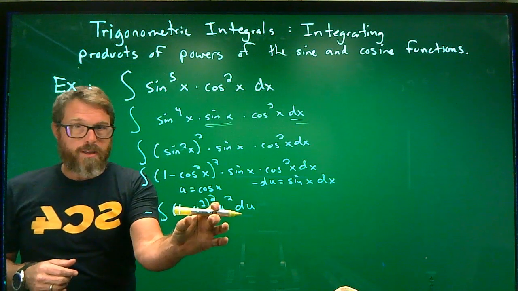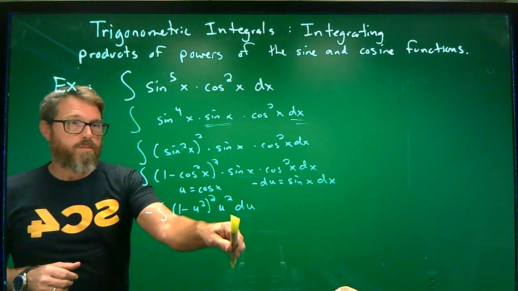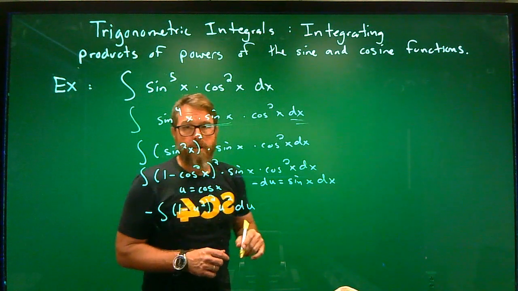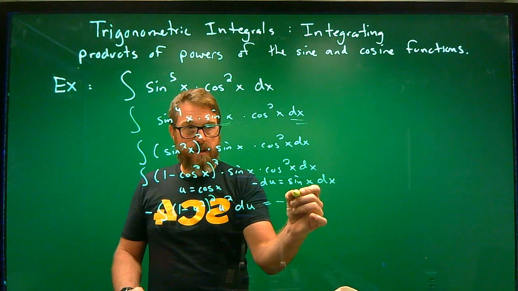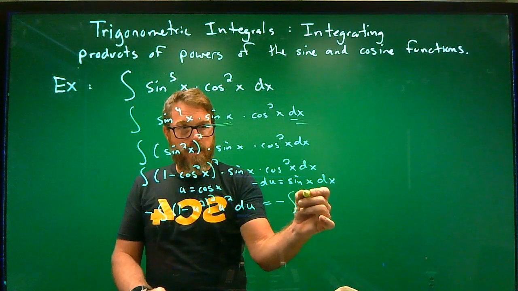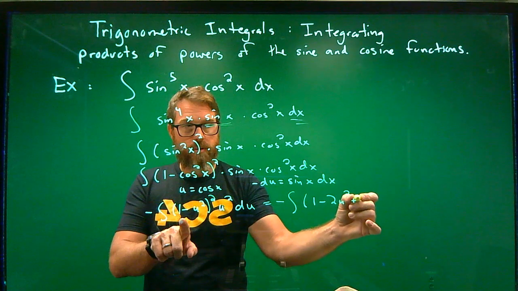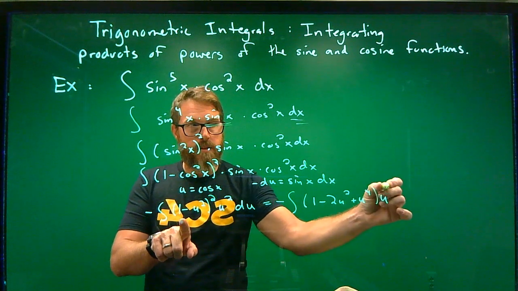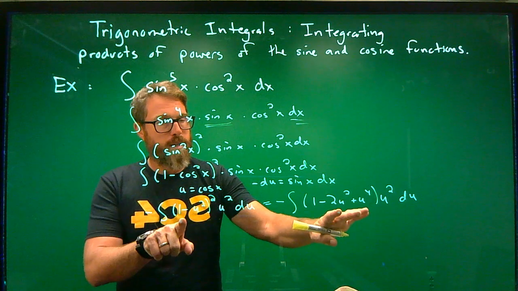I have to square that binomial and then eventually distribute this u squared over that trinomial. So this is going to be equal to negative the integral of 1 times 1 is 1, minus 2u squared plus u to the 4th, times that u squared du. So that's that binomial expansion.